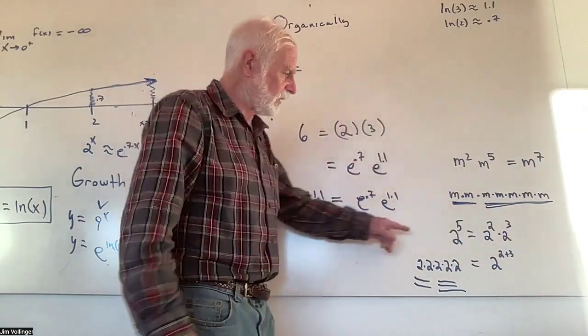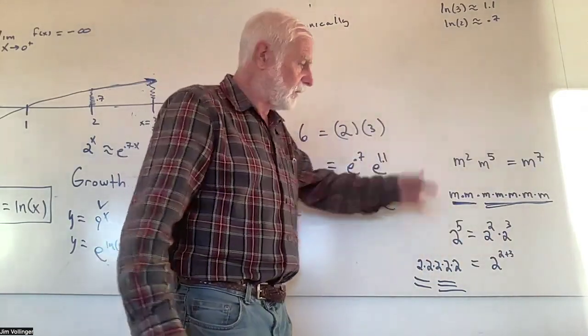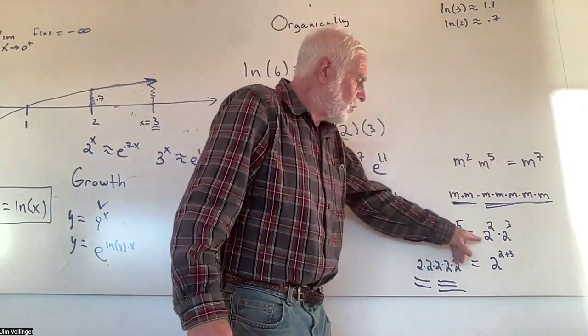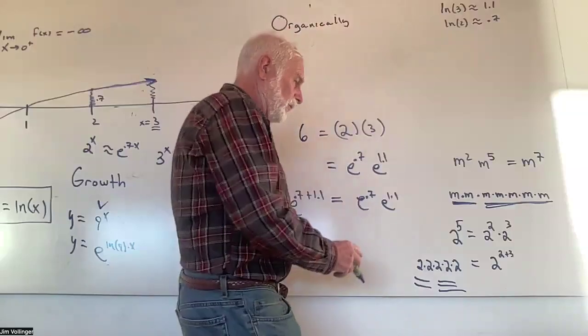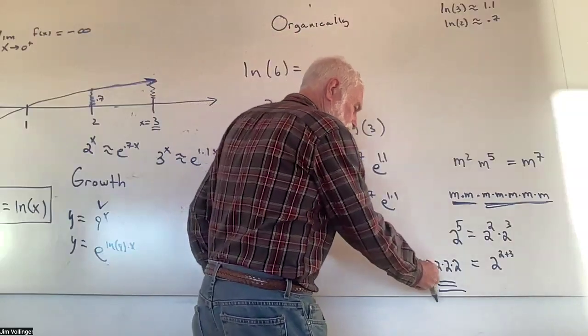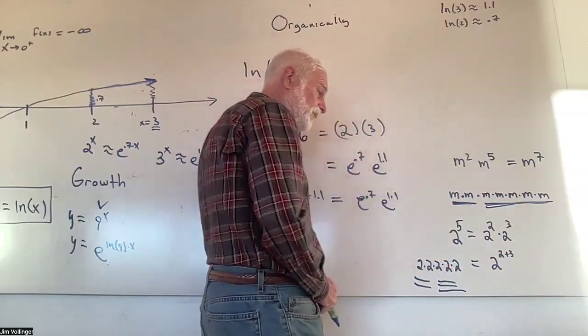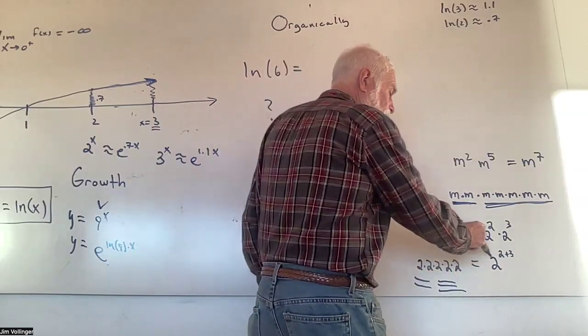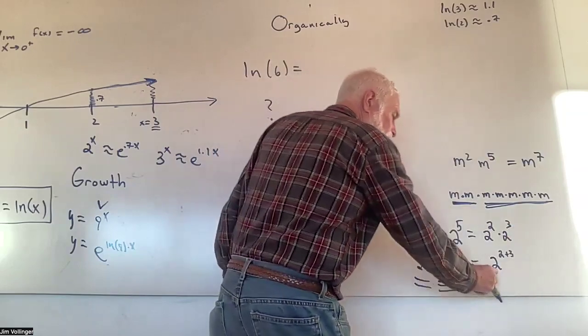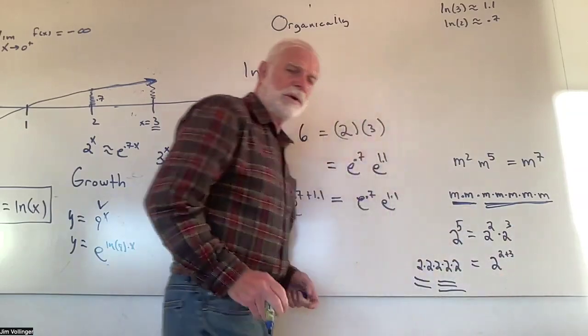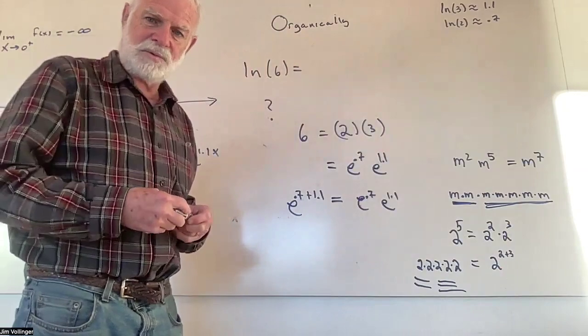And I did that organically with 2 to the 5th. As just an example, it could have been written as 2 squared times 2 to the 3. 2 to the 5th is 2 times 2 times 2 times 2 times 2, which is 32. And 2 squared is 4. 2 cubed is 8. And that does appear to be 2 to the 2 plus 3. Just a quick look at that as well.